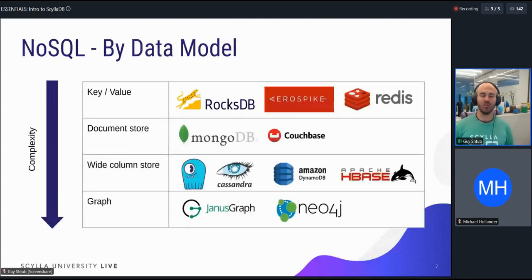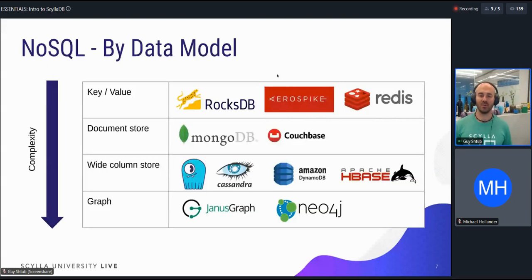And I'll talk more about that in just a few slides. Okay, so another way to think about NoSQL databases is by their data model, and we had some questions about that earlier in the lounge before the event. So here, going from the least complex to the most complex, we have key value databases where there is simply a key and the value.